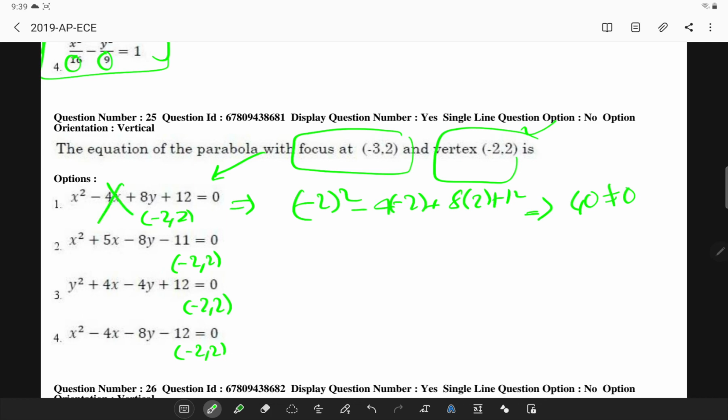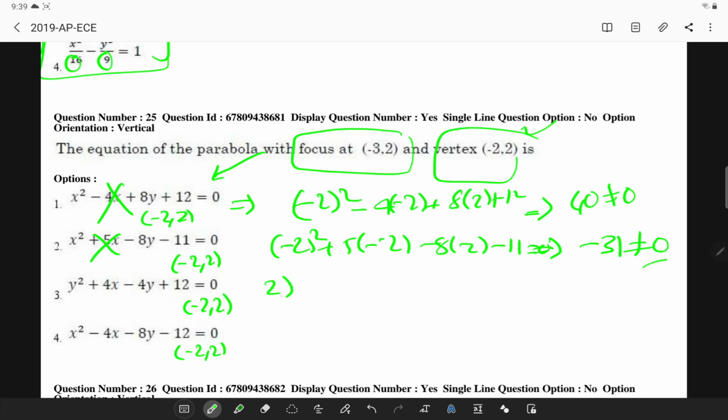So this is not the answer. So the next case, again I'll try to substitute minus 2. So minus 2 whole square plus 5 into minus 2 minus 8 into 2 minus 11 is equal to 0, which implies here you are getting minus 31, which is not equal to 0. So in this case 2 whole square plus 4 into minus 2 minus 4 into 2 plus 12. So this is equal to 0 and this is your answer.